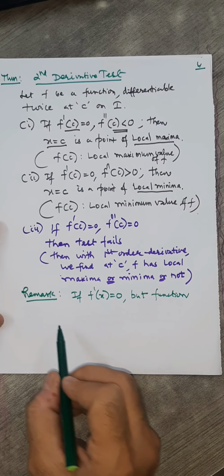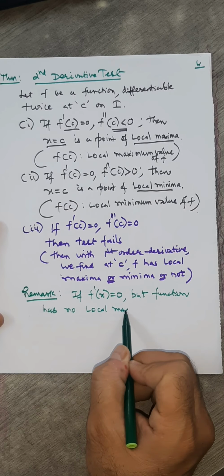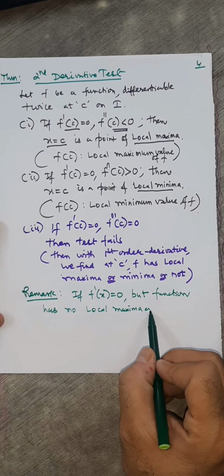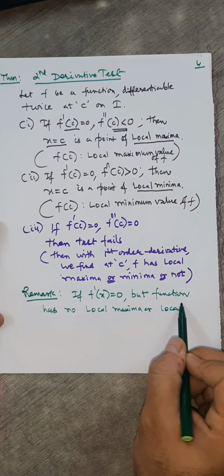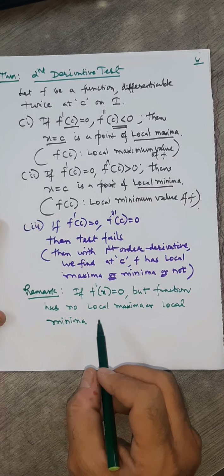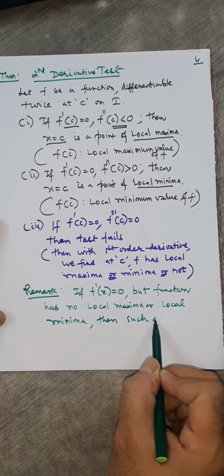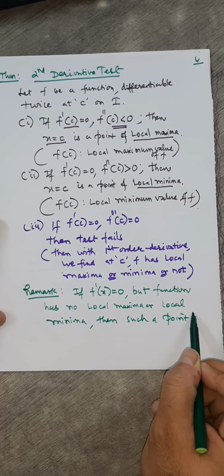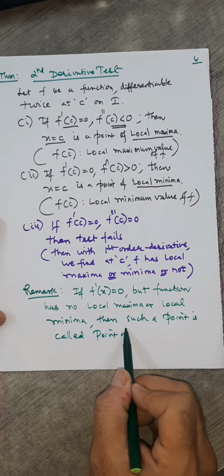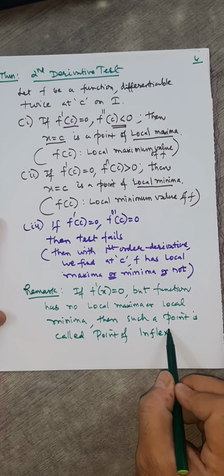the function has no local maxima, that is no local maximum value, or local minima, that is no local minimum value, then such a point is called a point of inflection.